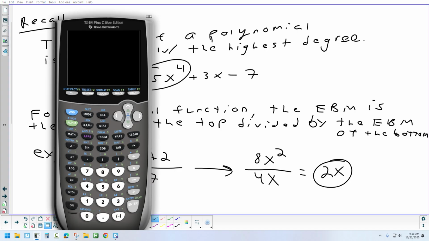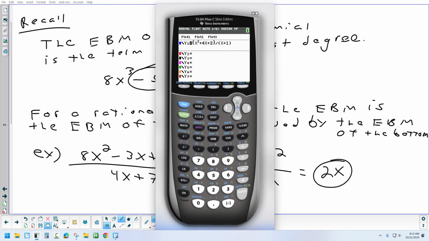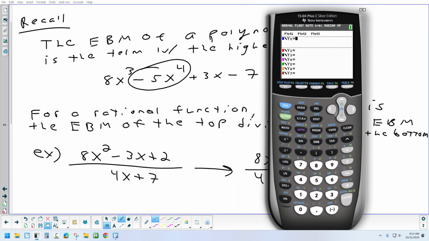Okay, and let me graph that so you can see what it looks like. So we've got 8x squared minus 3x plus 2, and we're going to divide by 4x plus 7.